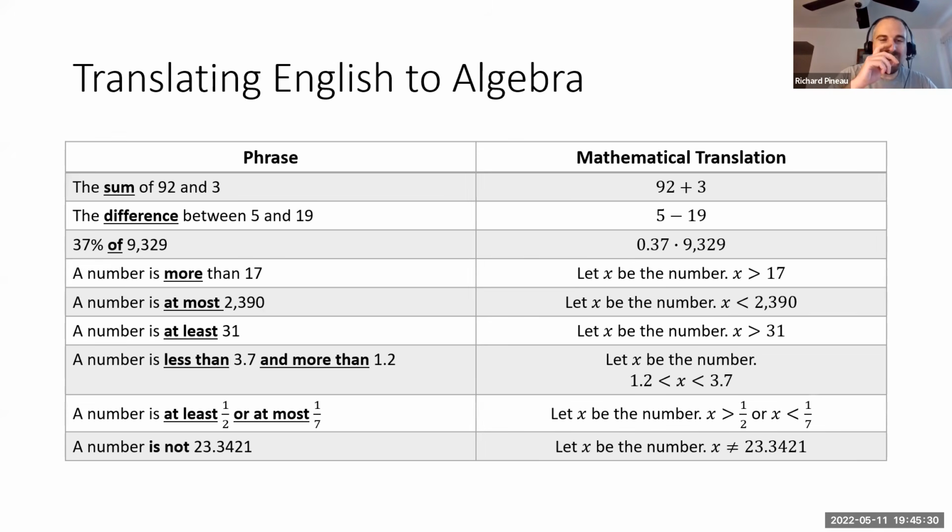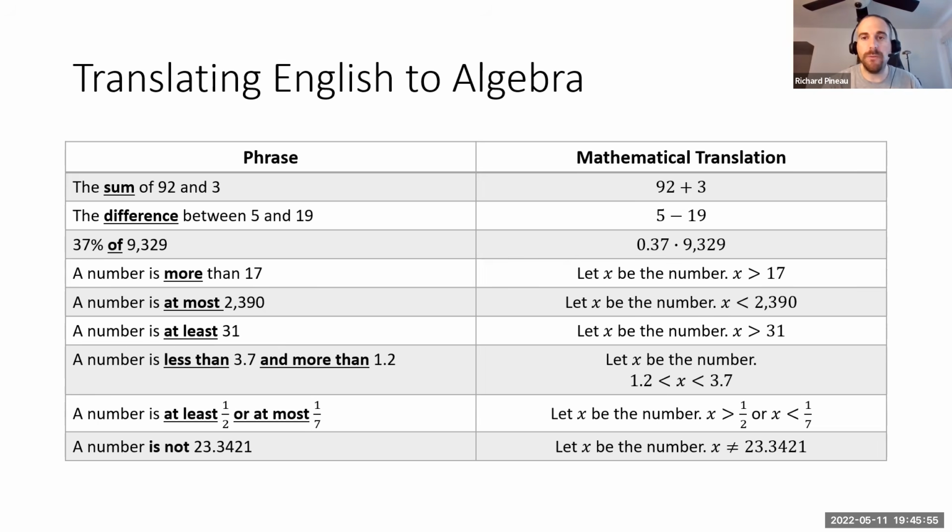What is bolded and underlined here are the key phrases. If somebody asks you in a problem the sum of 92 and 3, what does that mean? That means 92 plus 3. The difference between 5 and 19 means 5 minus 19. 37% of 9,329: the word "of" means multiplication.